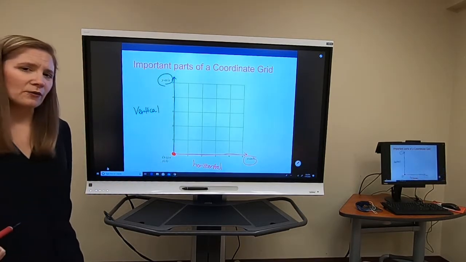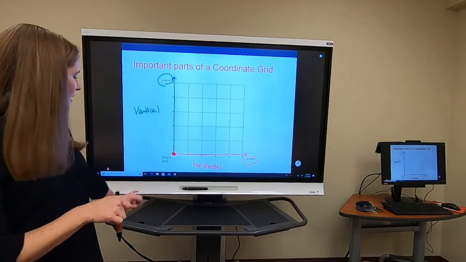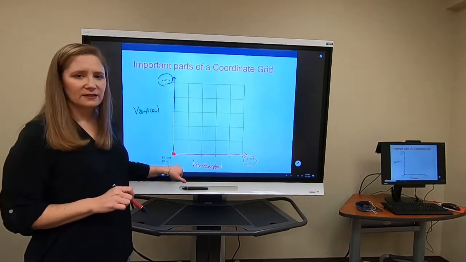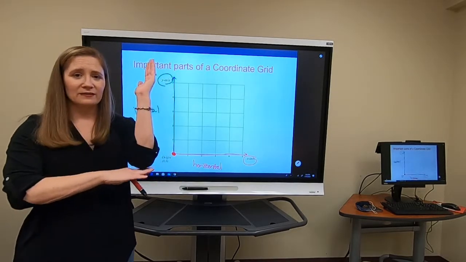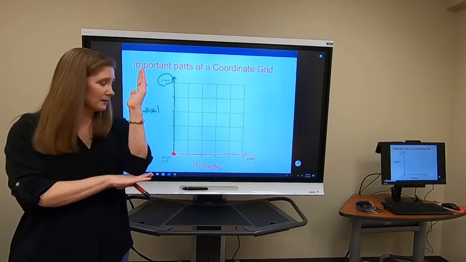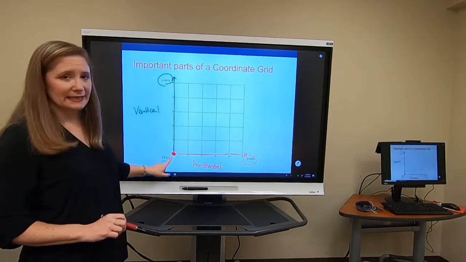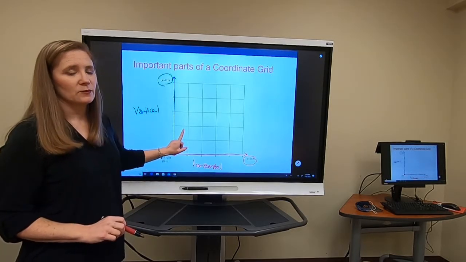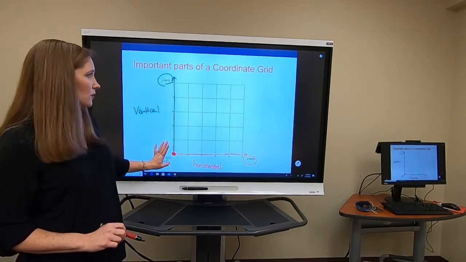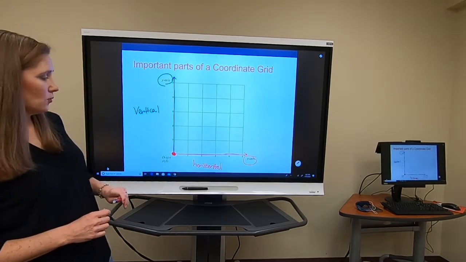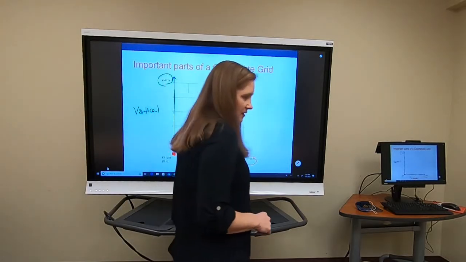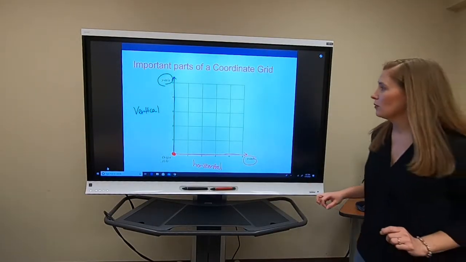We're going to talk about what that means in a little bit, but the origin is essential to understand because it is where the x and the y axes intersect, and it is where you begin everything. It's where you begin your graphing. It's where every graph begins. So those are the important parts of the quadrant 1 coordinate grid.